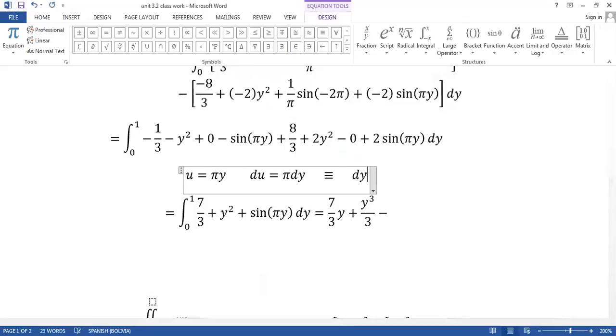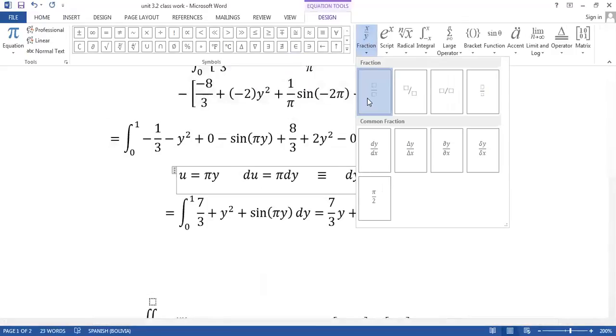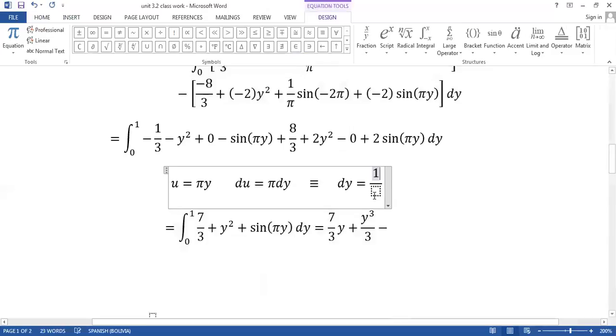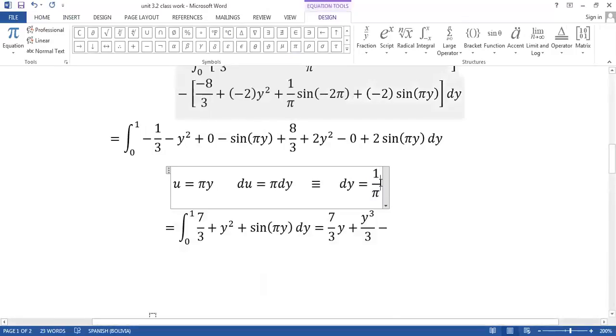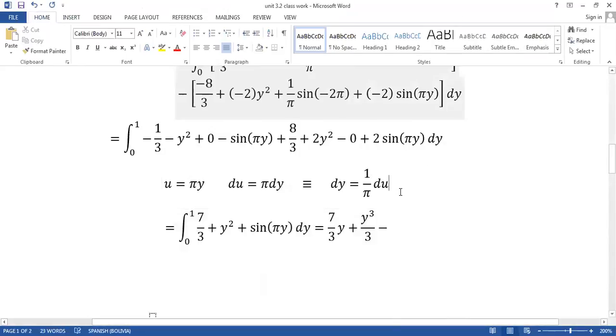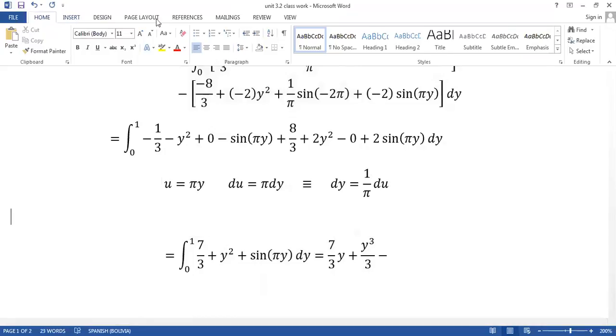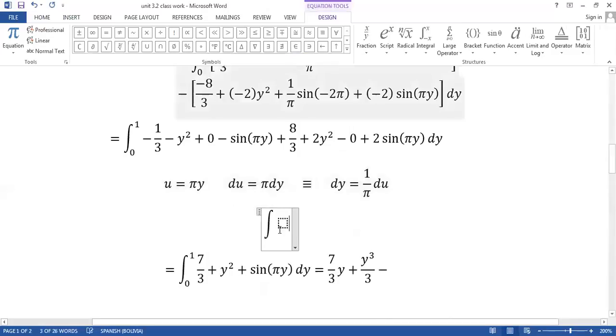So dy is equal to 1 over pi du. So the integral becomes the integral of this.